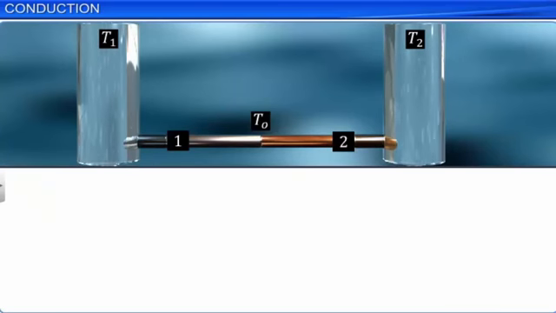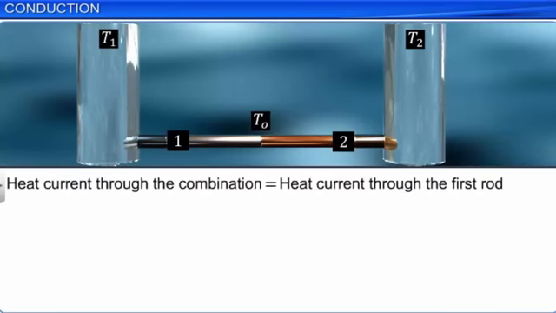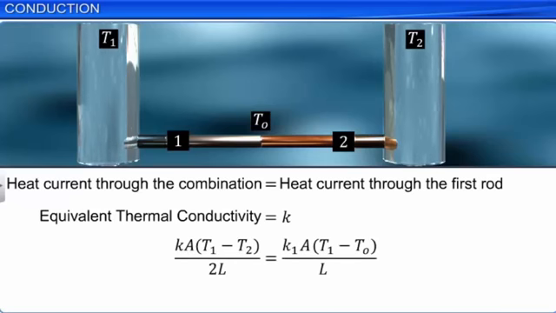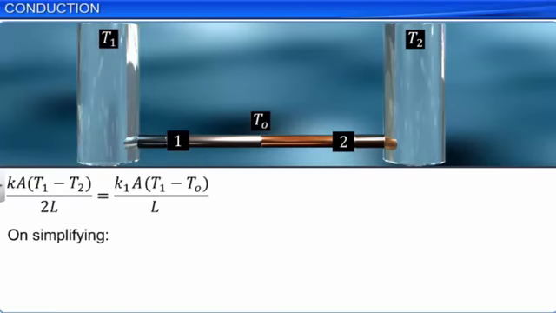Since heat current through the combination is equal to heat current through the first rod, if the equivalent thermal conductivity of the combination of two conductors is K, then we can write KA (T1 minus T2) by 2L is equal to K1A (T1 minus T0) by L. On simplifying, we get K (T1 minus T2) is equal to 2K1 (T1 minus T0).